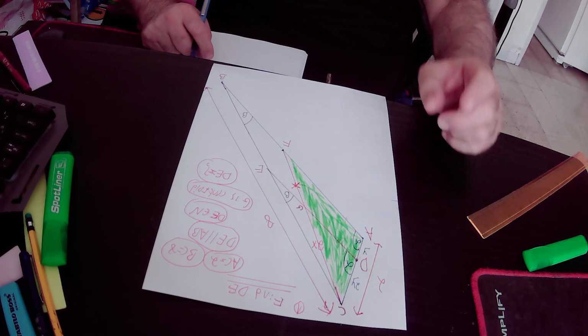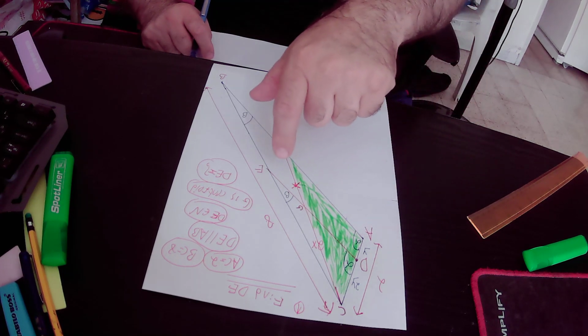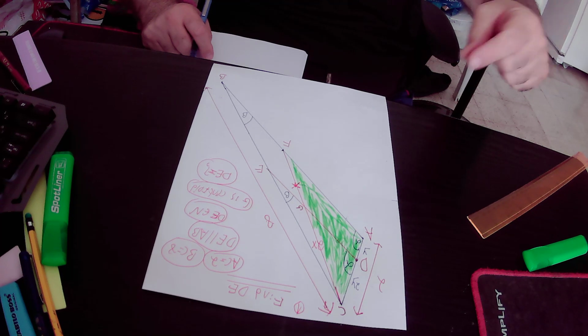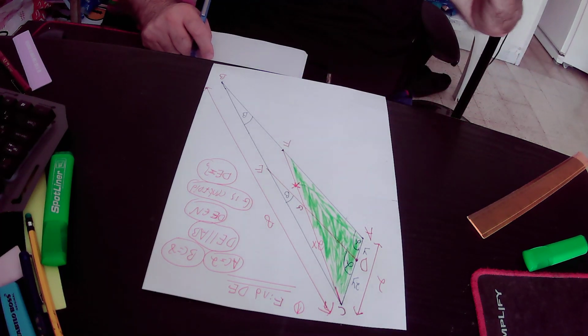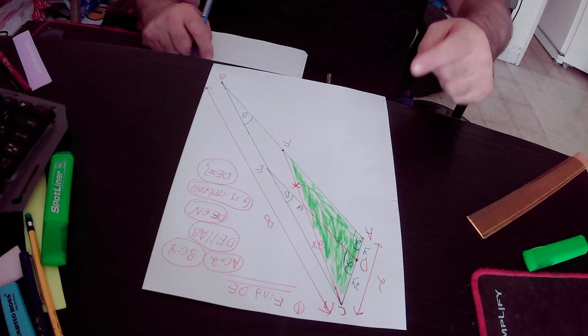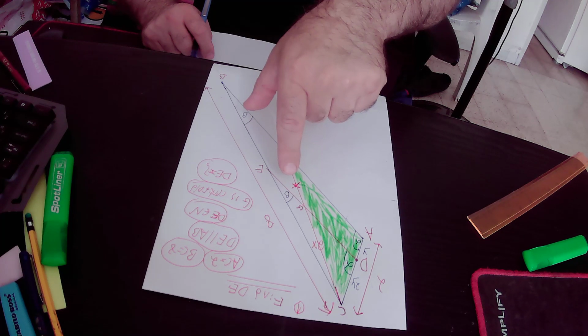We have those two corresponding angles and those two corresponding angles that are located between the parallel lines DE and AB, therefore they are equal to each other. So those two angles are both equal to alpha, and those two angles are both equal to beta.